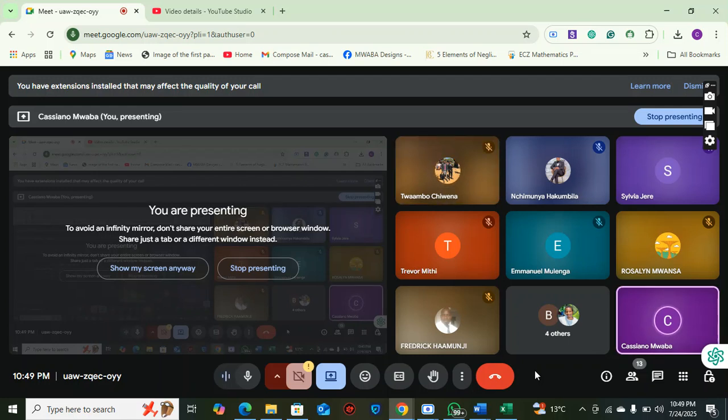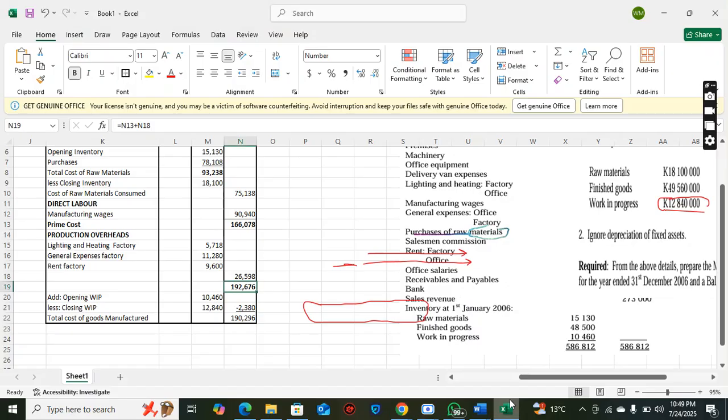Any questions before we now go to the income statement, which comprises the trading account and the statement of profit or loss? Colleagues, what is the purpose of the trading account?